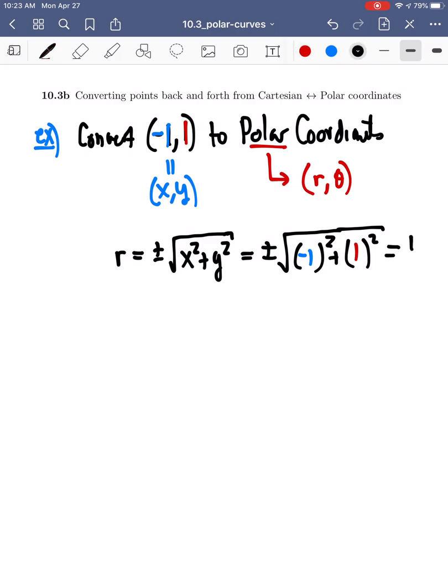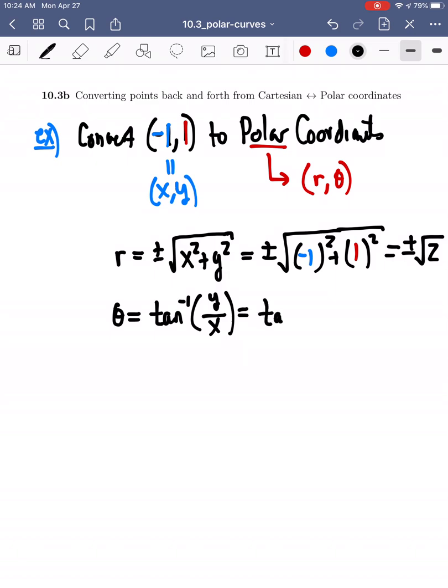And this comes out to plus or minus the square root of 2. All right, now that we have our polar distance, or polar radius, we can figure out what theta is. Theta is equal to the arctangent, or inverse tangent, of y over x.